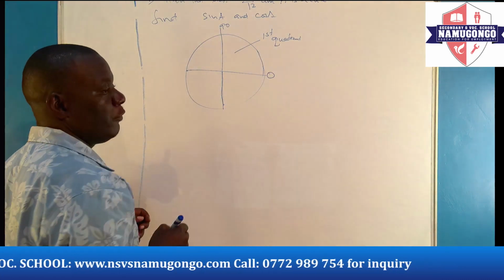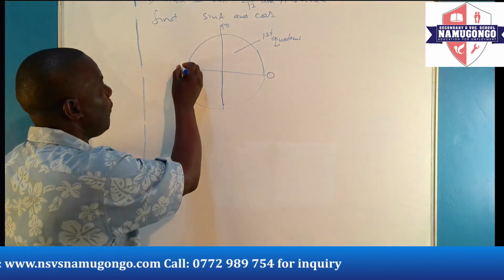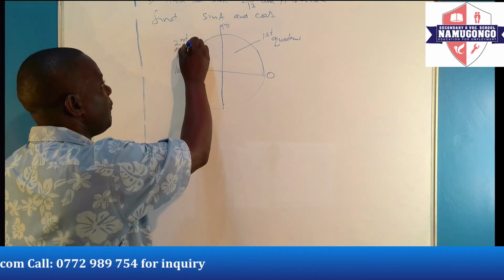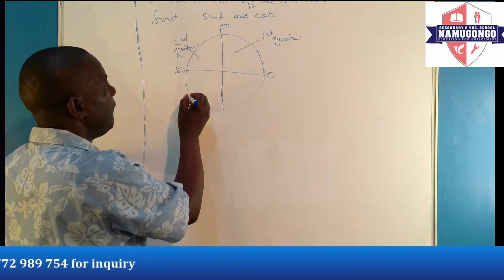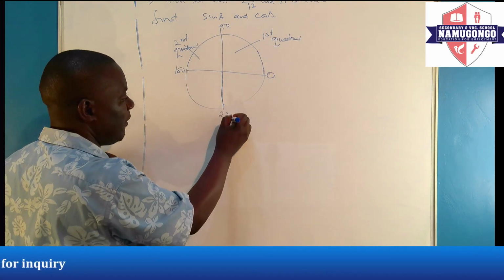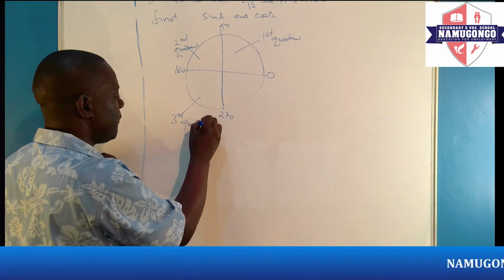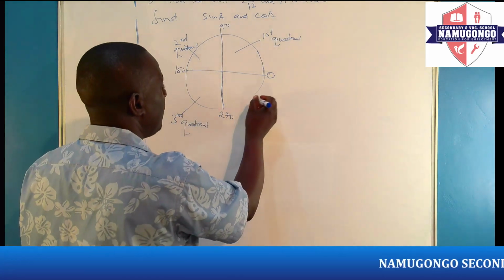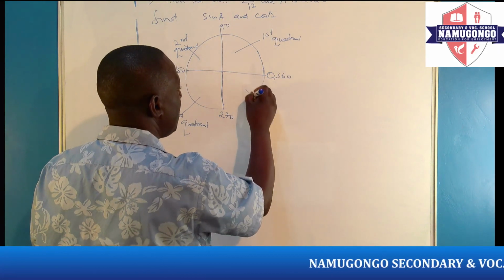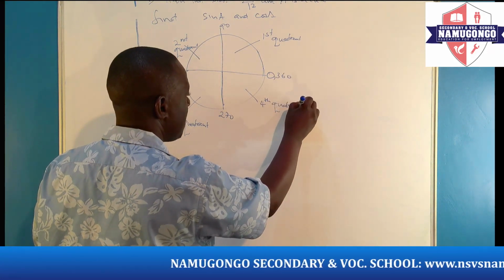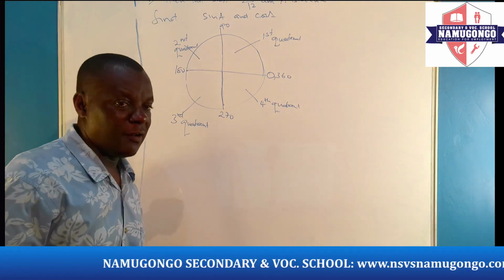The second one is from 90 to 180, called the second quadrant. Then from 180 to 270, the third quadrant. And then from 270 to 360, the fourth quadrant. There are 4 quadrants.